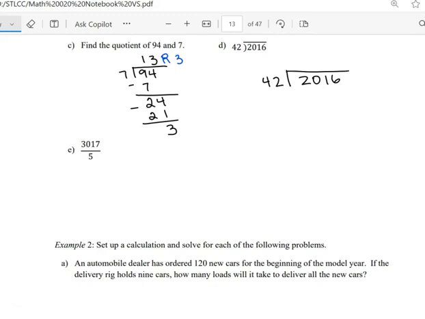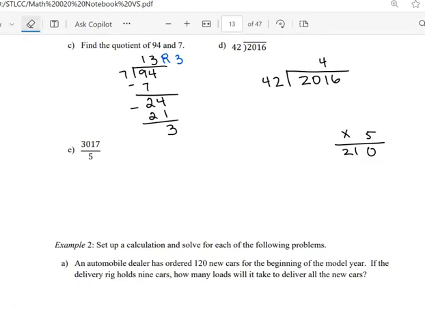I know if I had 40 and 200, I would go for 5. But if I do 42 times 5, 2 times 5 is 10, 4 times 5 is 20, so that would be 210. So I would overshoot it. I have 201, but 42 times 5 is 210. So I'm going to use 4 because I know 5 is too much.